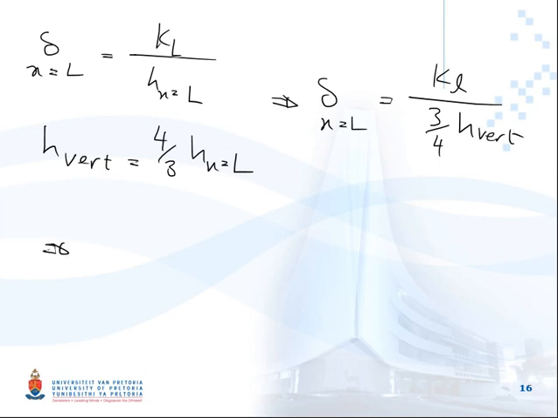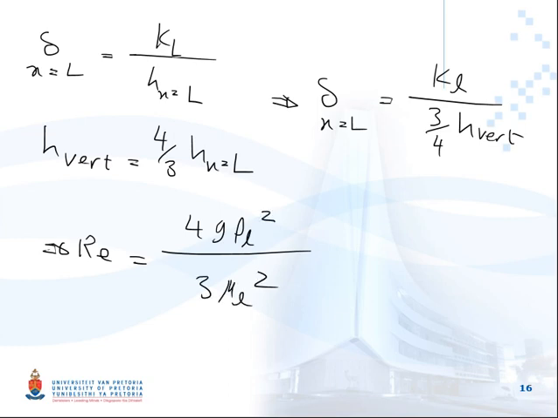If we add everything in, Reynolds will be equal to 4 g rho L squared times the cube of KL over 3 times 4/3 h vertical. So here, as you can see, we can find Reynolds as well.